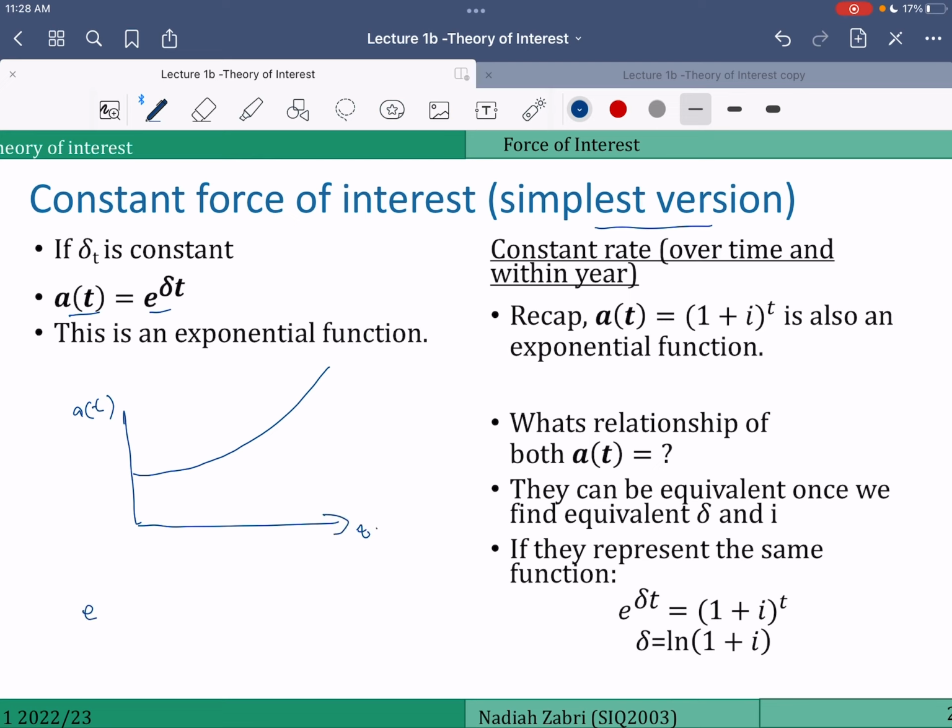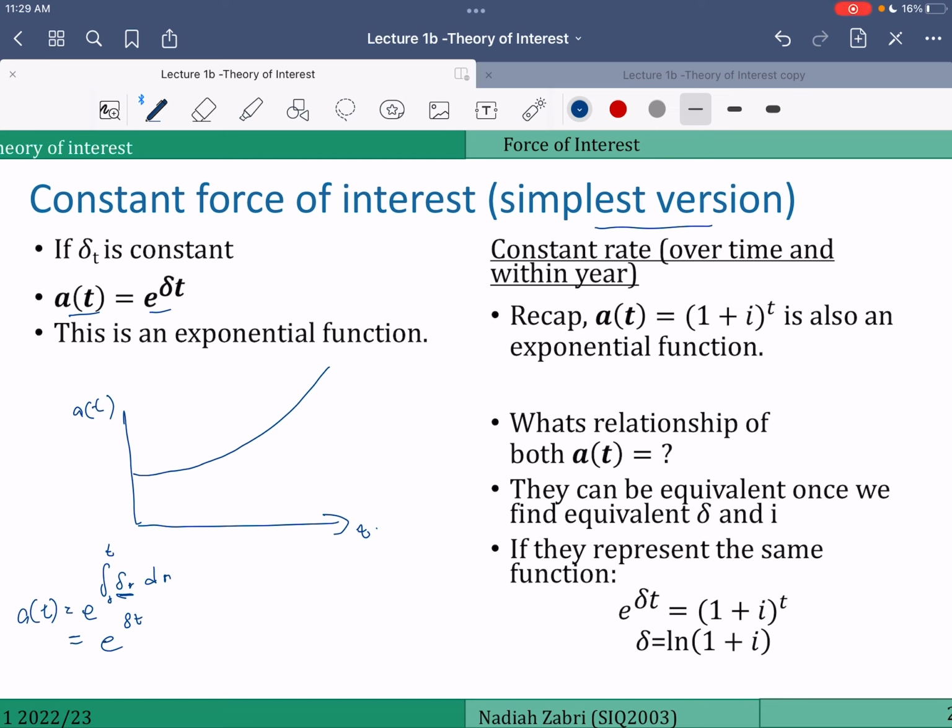So if you do a(t), usually you will have to find the integration between 0 and t. However, since this delta is constant, if you do this integration, you will get e to the power of delta t.